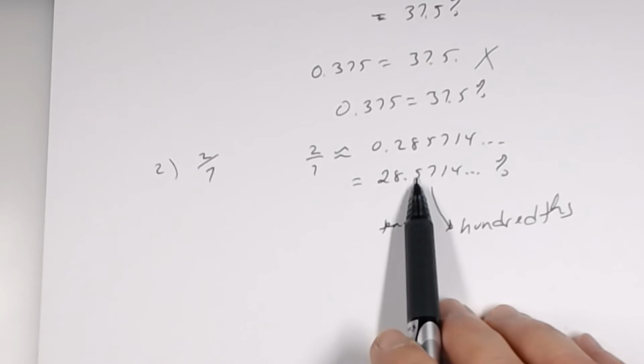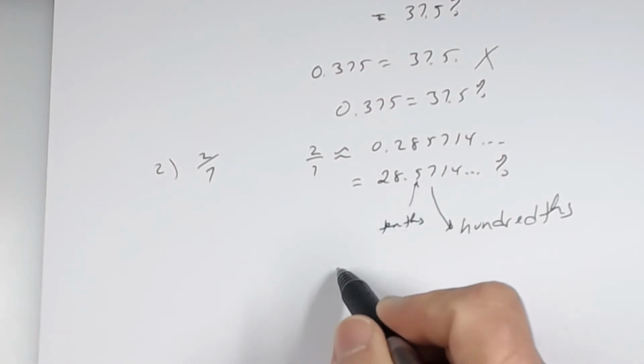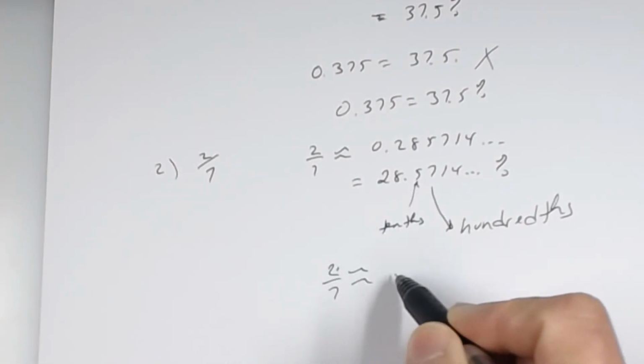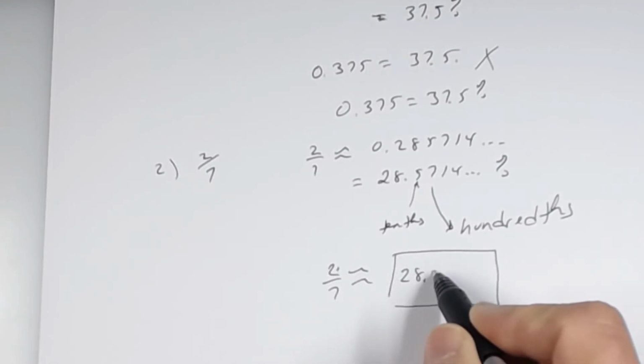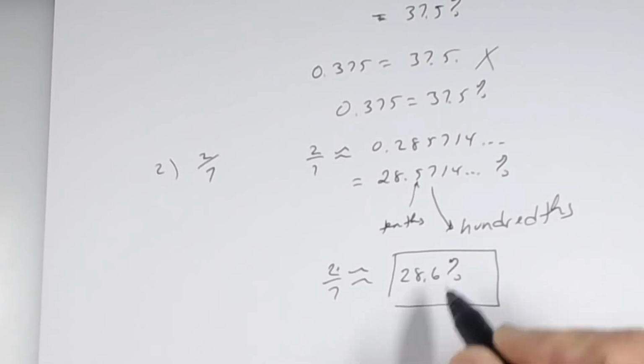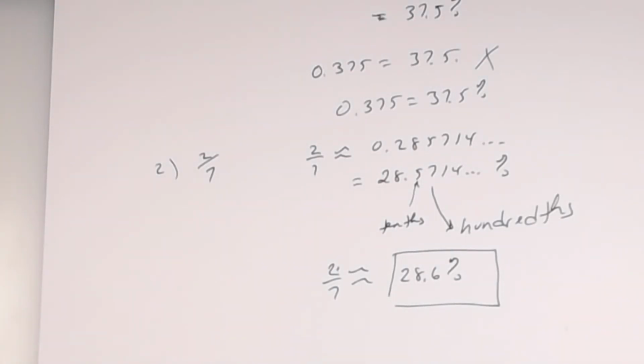Yeah, you add 1. So when you say 2 sevenths is approximately equal to, what decimal are you going to put? 28.6 percent. Right. So if it doesn't terminate, then just go ahead and do what I just did. You multiply by 100, and then you round to the nearest tenth. But you have to look at the hundredths place, because if that's 5 or bigger, you have to add 1 to the tenths place.